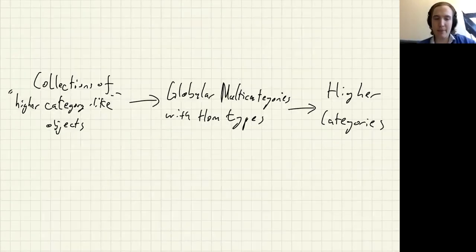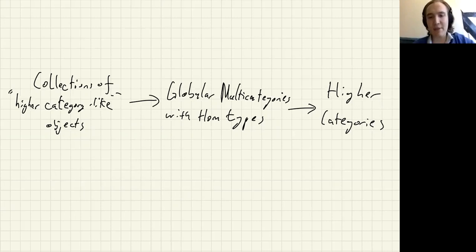Yeah. So to summarize, if we start off with a collection of higher category-like objects, such as, for example, a type theory with identity types, or even presumably some sort of directed type theory, then there'll always be a globular multicategory with homomorphism types. You might want some semi-strictness conditions on the higher category-like objects, it's true.